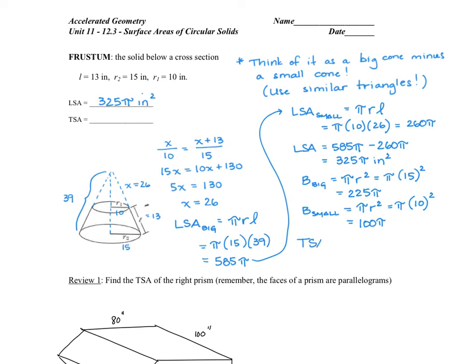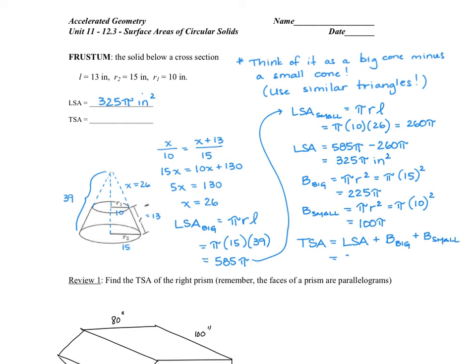And if I want the total surface area, I'll take the lateral surface area of the frustum, which I already found, and add one big base and one small base.